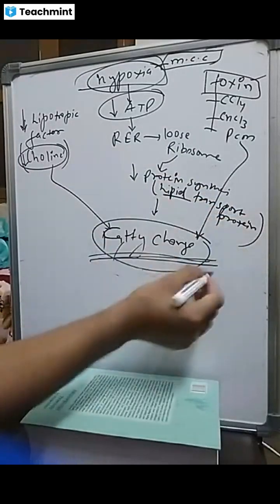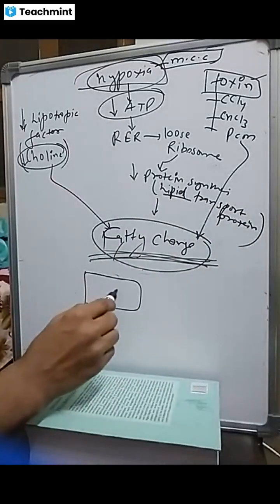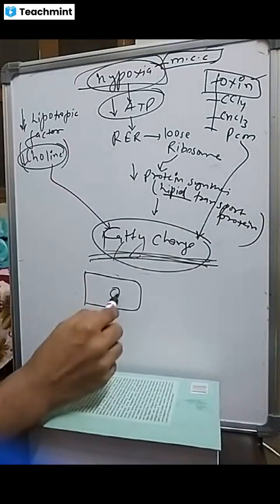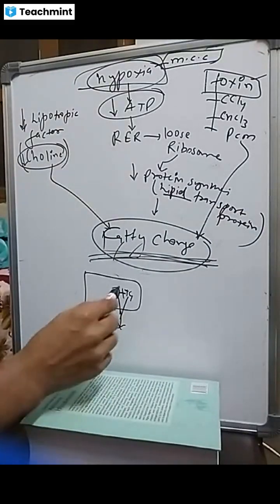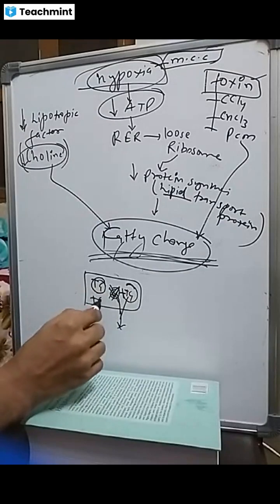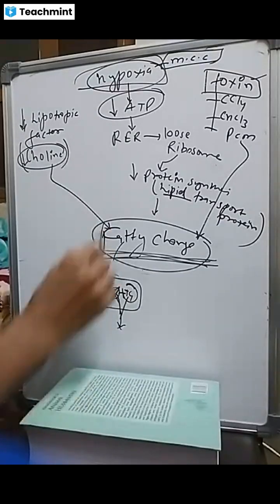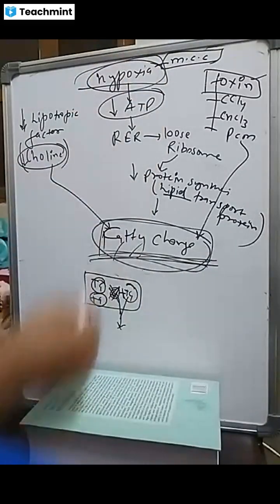What will happen? Fatty change. This protein binds with triglyceride and throws it out. If this protein is not synthesized, the triglyceride will accumulate inside. That is called fatty change.